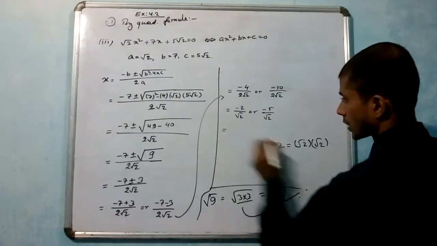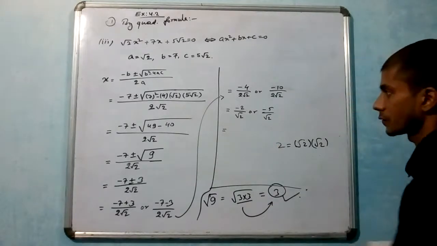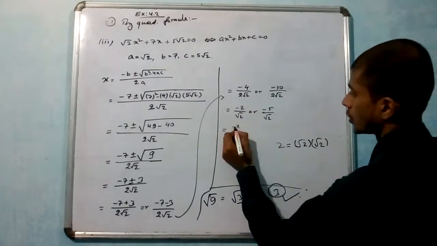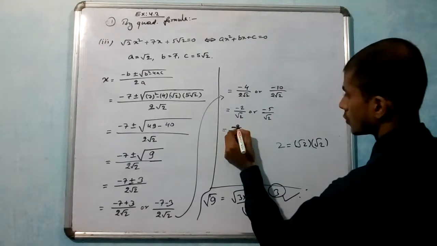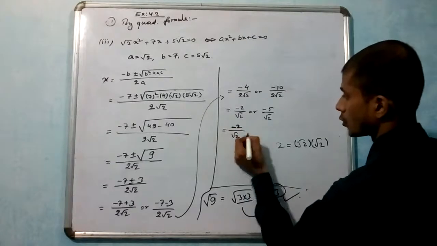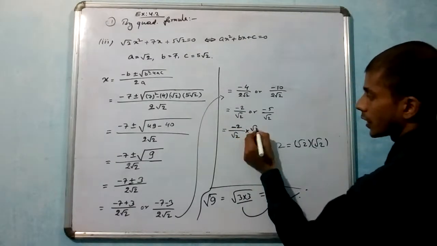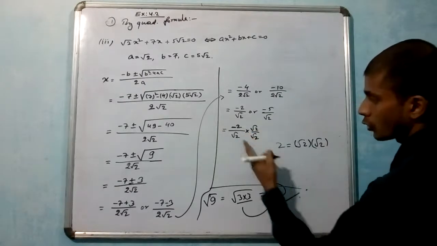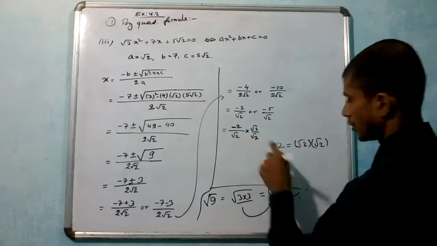Okay, that is the standard way of presenting your answers. Fine. So what should I do? To rationalize this value, what should I do? Tell me. Minus 2 by root 2 into root 2, I will multiply up and down both, so as not to change its value but to rationalize the denominator.